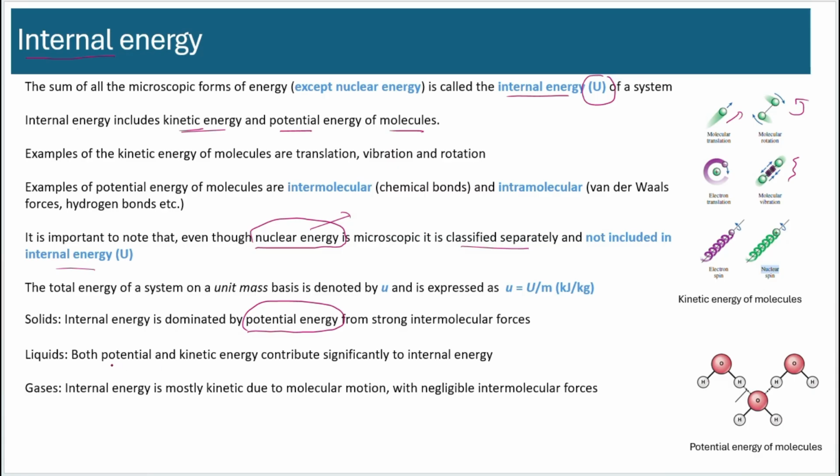In liquids, internal energy is stored as both potential and kinetic. So there is some molecular motion, so there is kinetic energy. In gases, there are very little intermolecular forces, so it's almost all kinetic, right? Basically, these are all closely related to temperature.